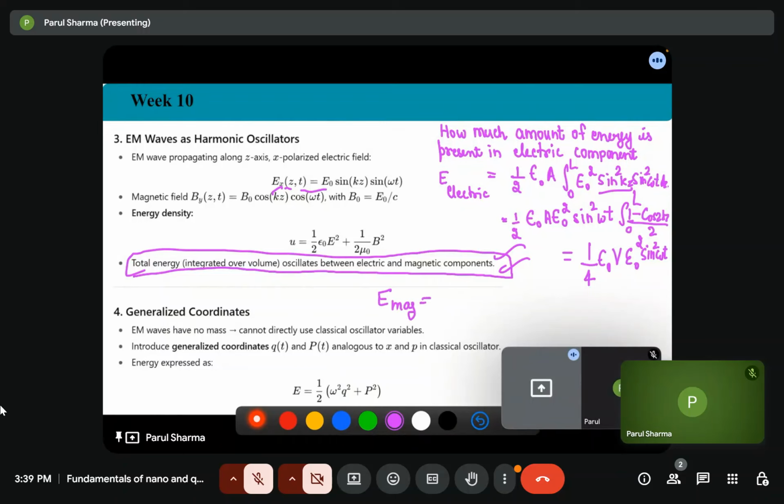which is 1 by 4 volume V B naught square upon mu naught cos square omega t.